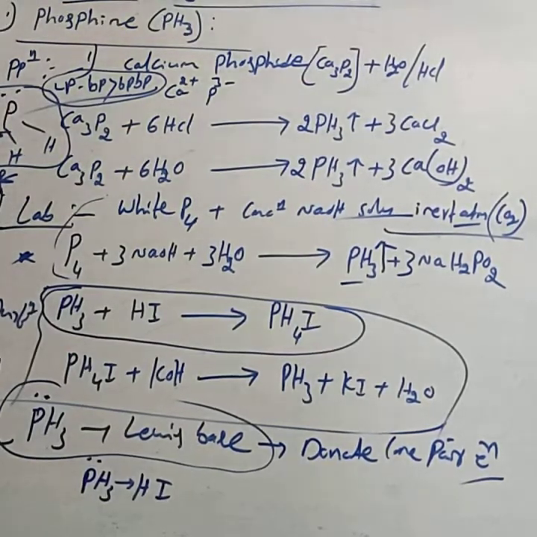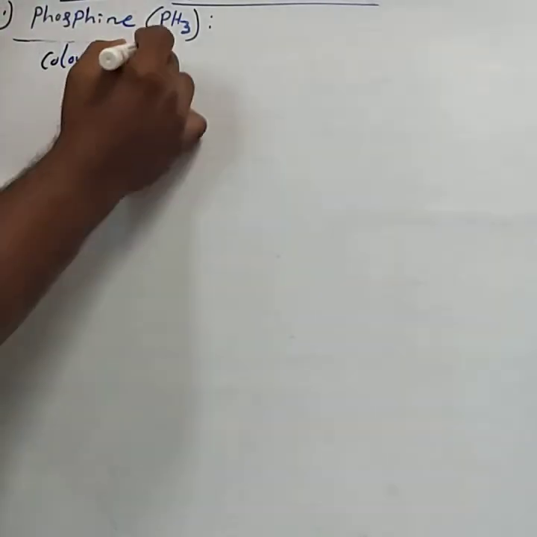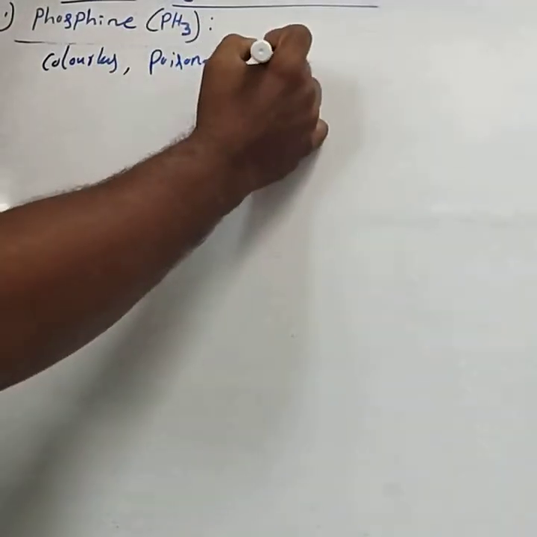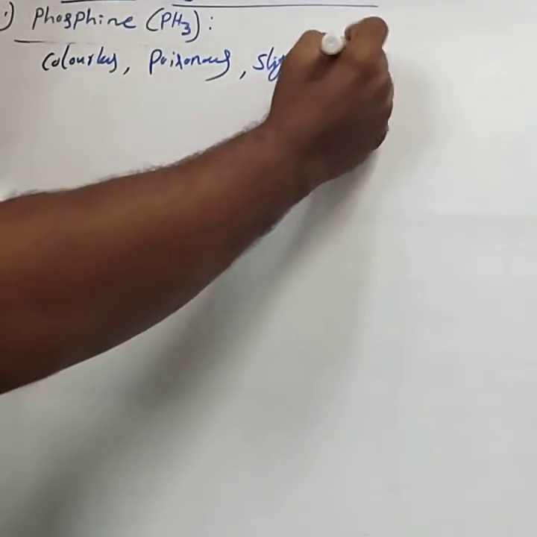Next we study the properties of phosphine. Phosphine is a colorless gas, highly poisonous in nature, and slightly soluble in water.